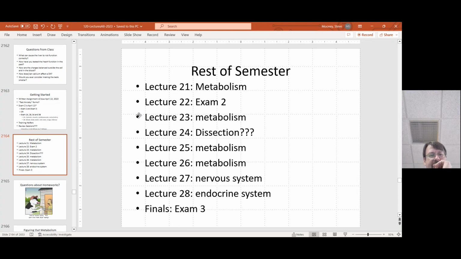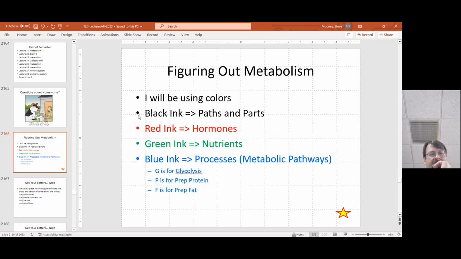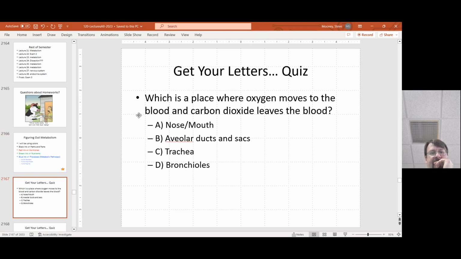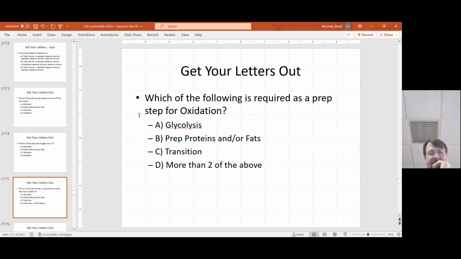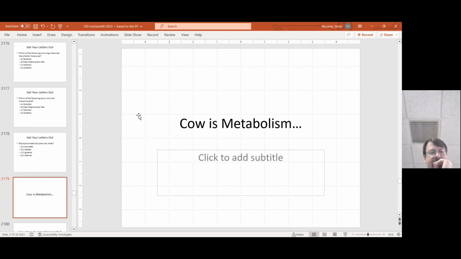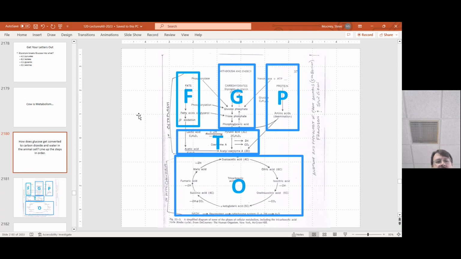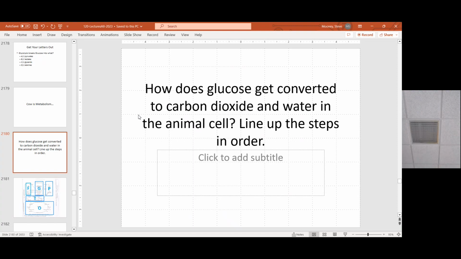So we're focusing on metabolism, figuring things out. Save those for next week. Let's spend some time on metabolism today. Let's see what you remember from last time. So I want to take glucose, a carbohydrate, convert it to carbon dioxide and water in an animal cell. What are the steps?